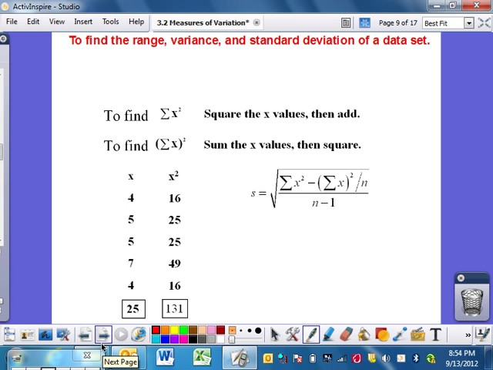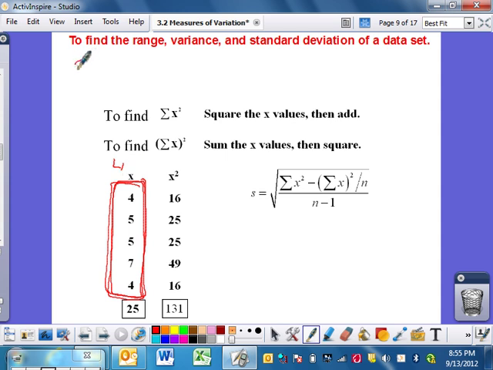If I give you these numbers, what I want you to do right now is dump these numbers into a list on your calculator. Put them in list 1: 4, 5, 5, 7, 4. Then do the one-variable statistics for list 1. You might want to pause this and do it right now.